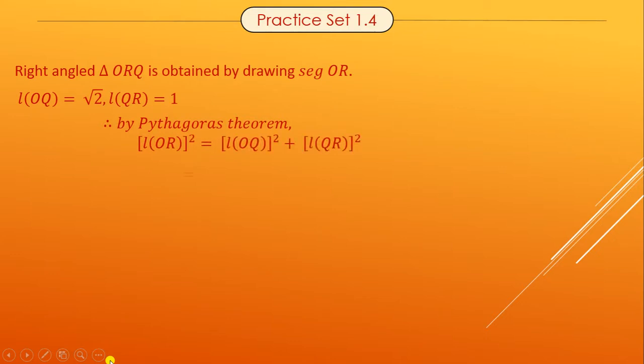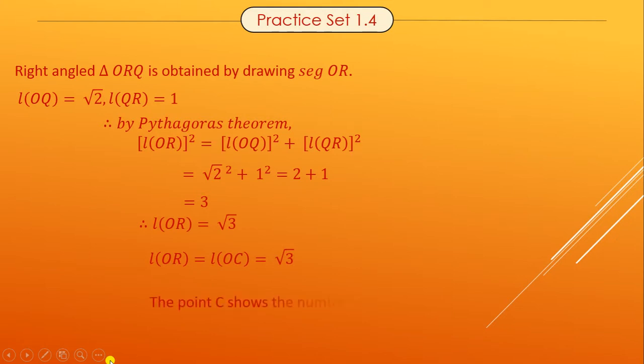Putting the values, OR square is equal to square of root 2 plus square of 1, and square of root 2 is 2 plus square of 1 is 1, that is 2 plus 1 is 3. Taking square root of both sides, the length of OR is root 3. Here OR is equal to OC, so the point C shows the number root 3.